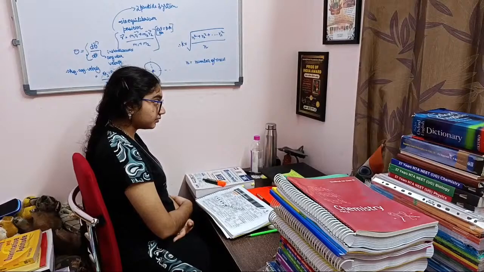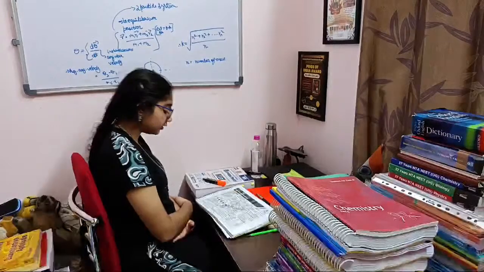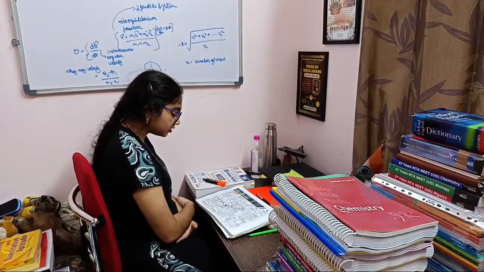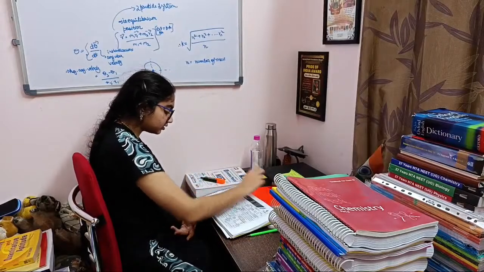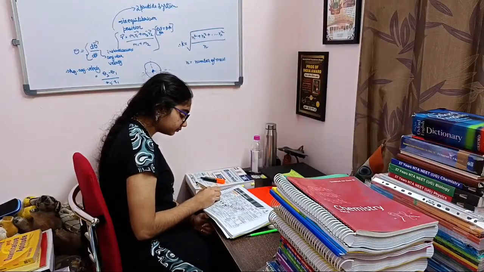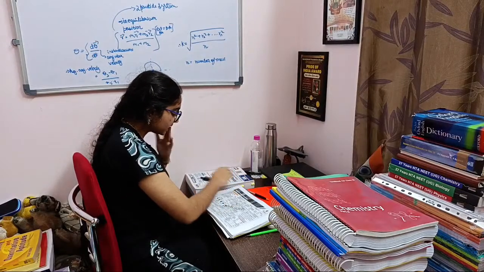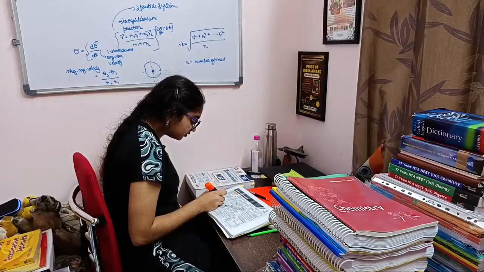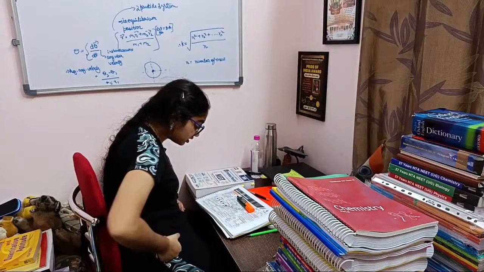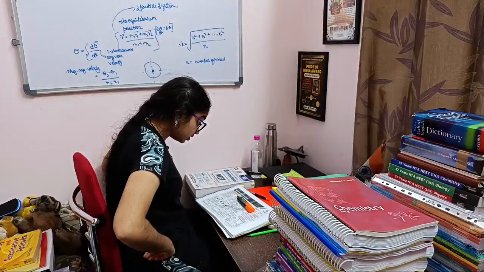Now in WBC we have certain types, that is granulocytes and agranulocytes. Granulocytes are basophils, eosinophils, neutrophils. Agranulocytes are monocytes and lymphocytes. Neutrophils are the most, 60 to 65%.